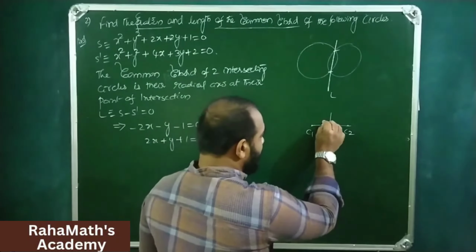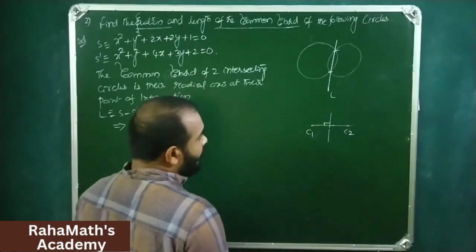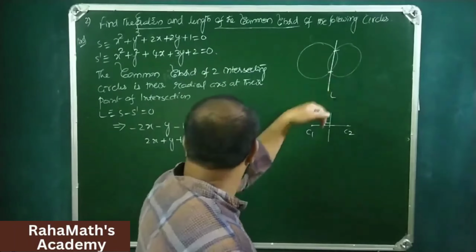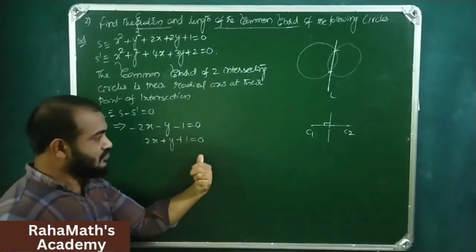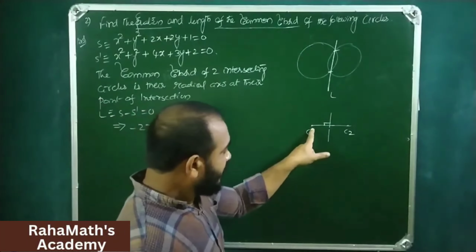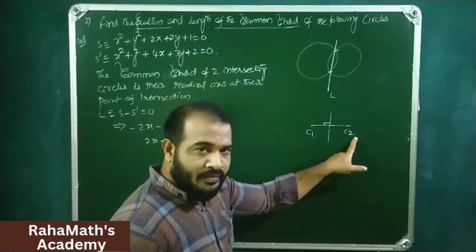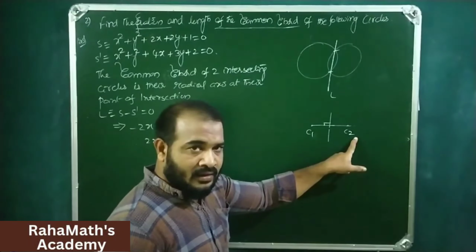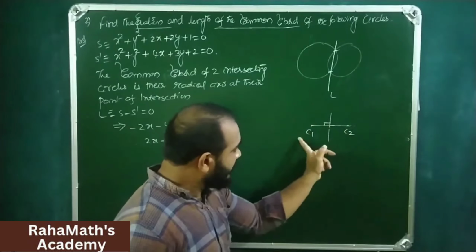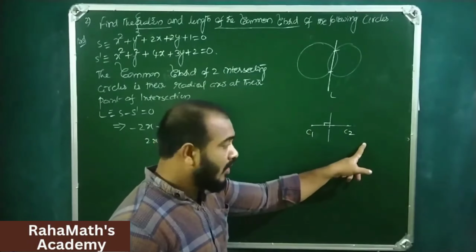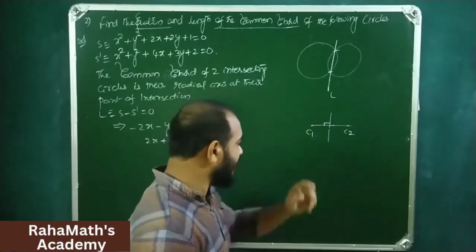Therefore, this is perpendicular. We get ax plus by plus c equals to 0, and C1, C2 we have. Therefore, to obtain D, we can take any of these centers of the circles, then that will be D.